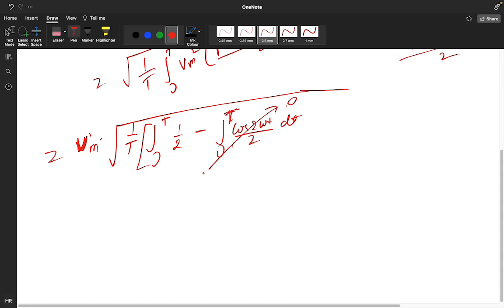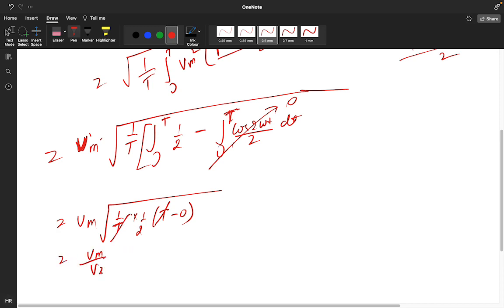Okay. So now you have this parameter Vm, 1 by T, and this is 1 by 2 into T minus 0. So this T will get cancelled out, and you get Vm by root 2. How is the average value 0? I will show you. Integral 0 to T of cos 2 omega t by 2 dt.